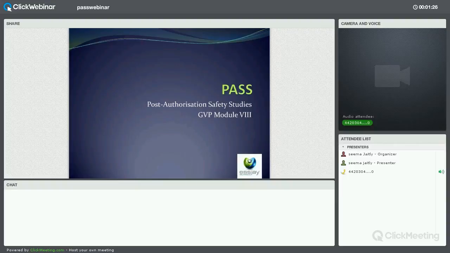So welcome everybody. We're going to go through post-authorization safety studies. As you can see from the title, I've focused on Module 8 because this does provide most of the relevant information that you need for this area.